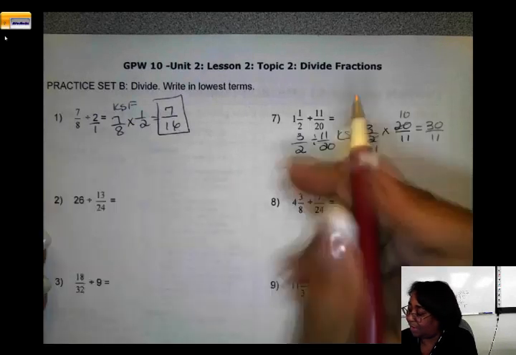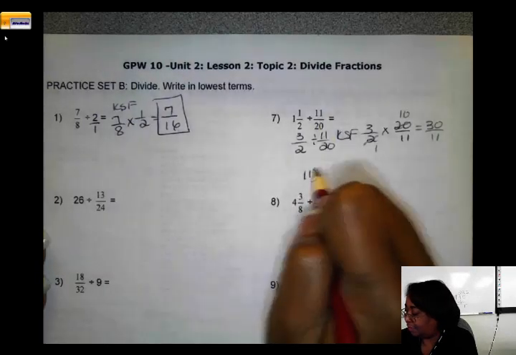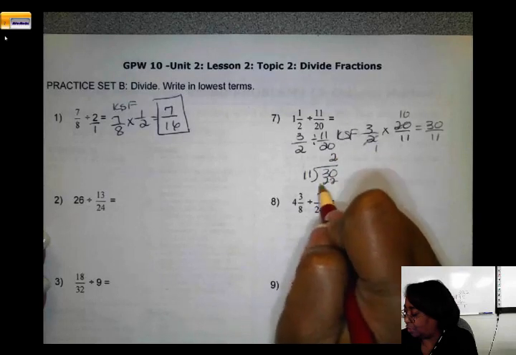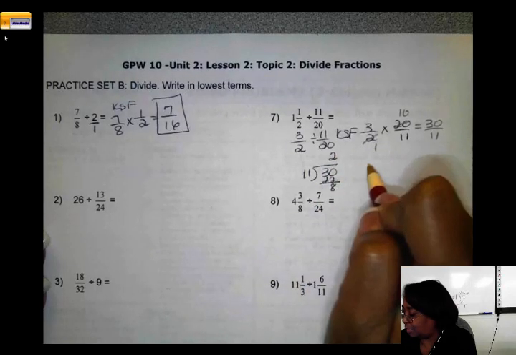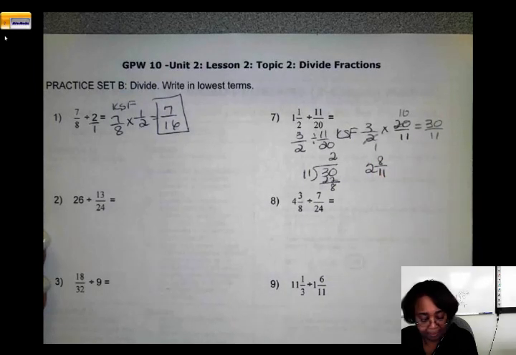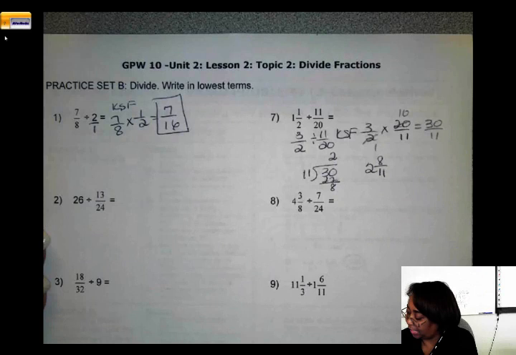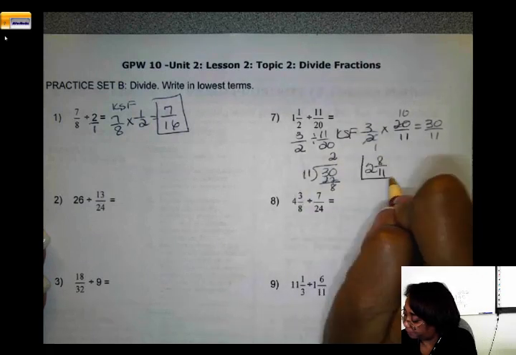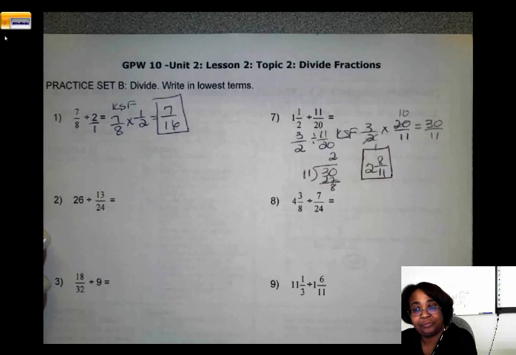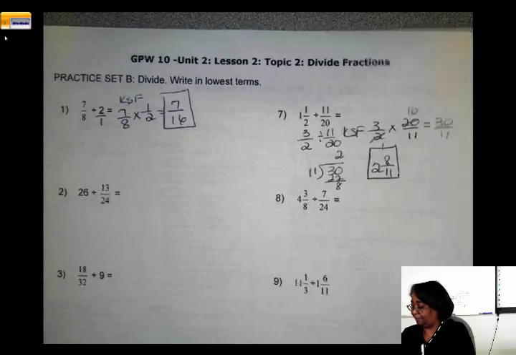Now when I divide 11 into 30, that goes 2 times 22, which is an 8. So I'm going to get 2 8/11. Are there any questions on page 4? Nope. Okay, you guys got it, huh?